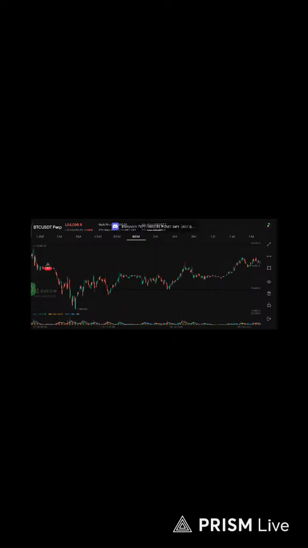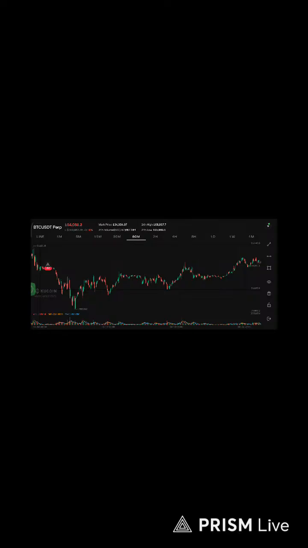Now, what is the evening star pattern? The pattern consists of exactly 3 candlesticks, just like the morning star. The first candle is a long bullish candle, showing strong buying momentum. The second candle is a small body candle, a doji, showing indecision.